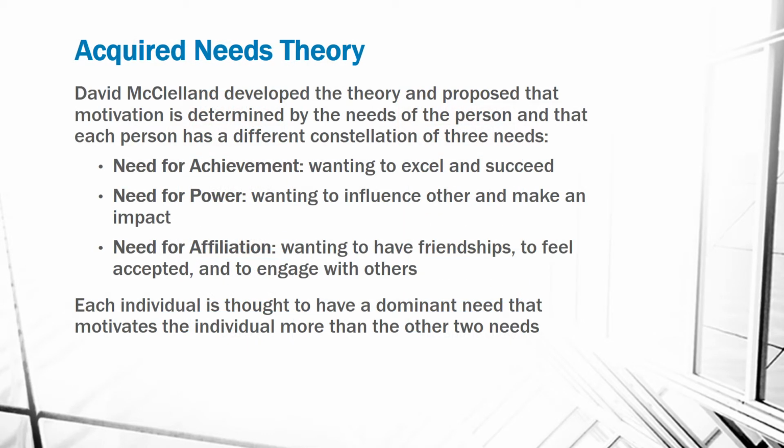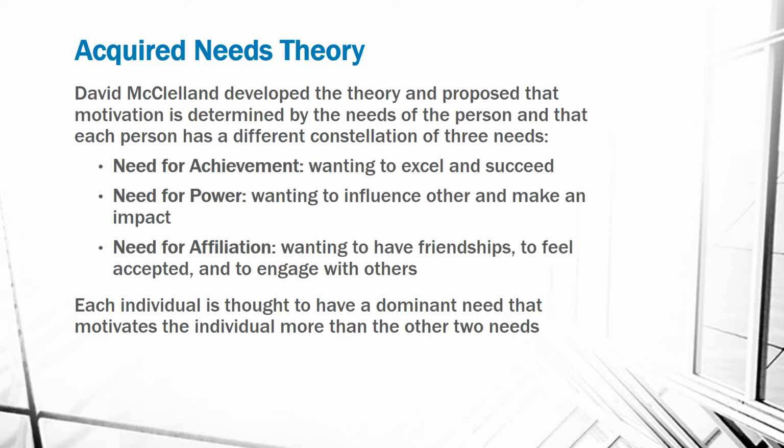The next and last theory we're going to discuss is what's called acquired needs theory. This was purported and developed by David McClelland, and it was a theory proposing that motivation is determined on the basis of whether our needs are met based on achievement, power, and affiliation.